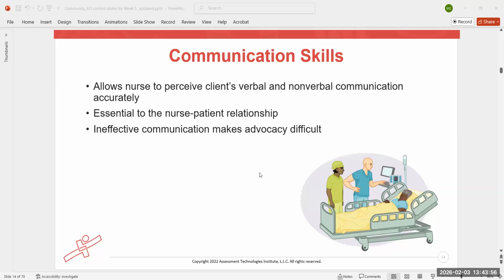Communication is also important for the professional setting. When we talk about case management, interdisciplinary team communication, and looking at holistic care of the patient to get them out of the hospital, you want to ensure that communication is effective.